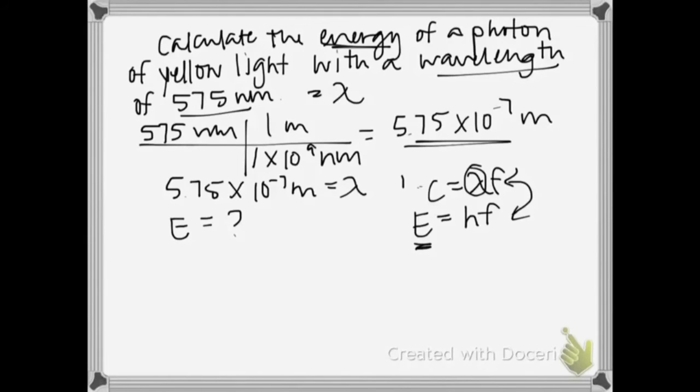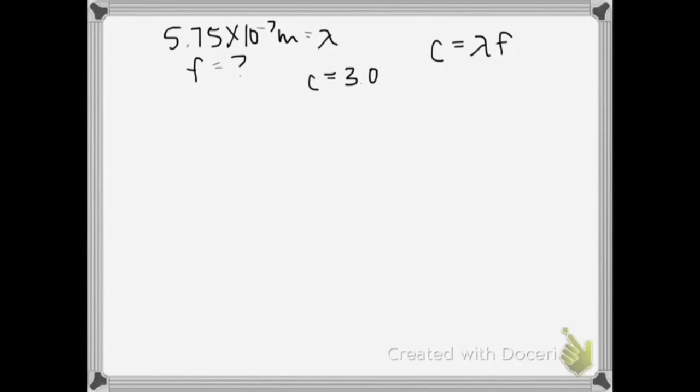Okay, so I'm going to use actually both of these, this equation first, that equation second. And I'm going to show you a couple ways to solve each of these equations. So the first one I'm going to solve using algebra. Okay, so again, I had 5.75 times 10 to the negative 7th meters as my wavelength, and on this first equation I'm trying to find frequency, and it has C in it, and if you recall, C was our speed of light, and it's always the same number, 3.0 times 10 to the 8th meters per second.